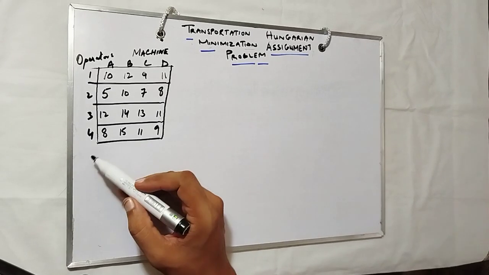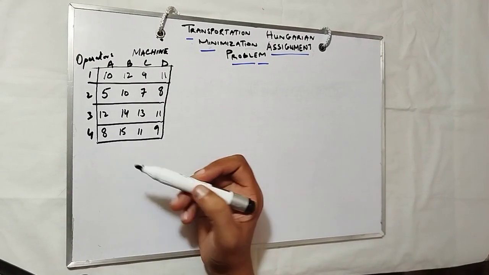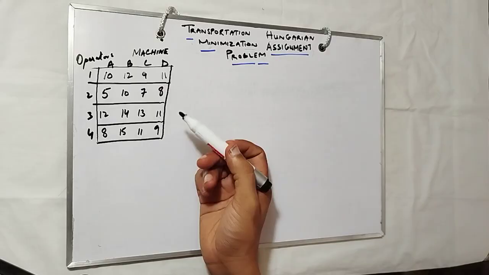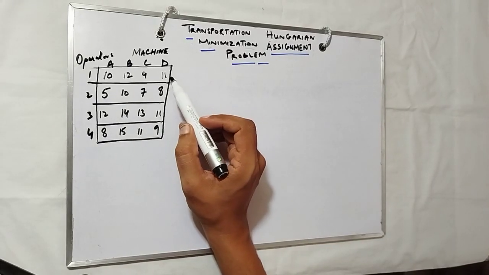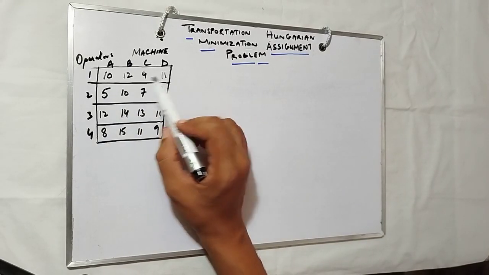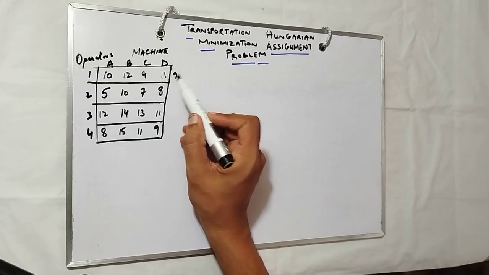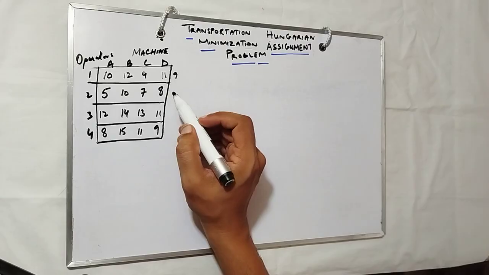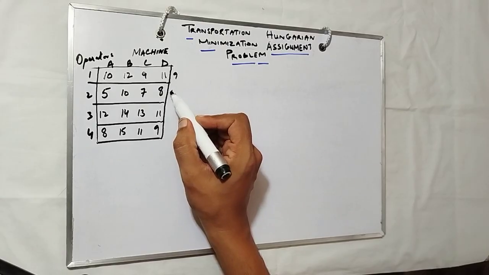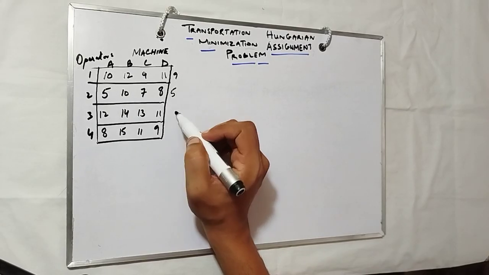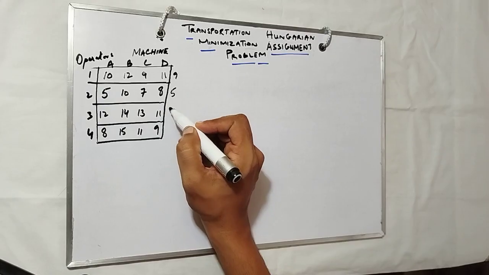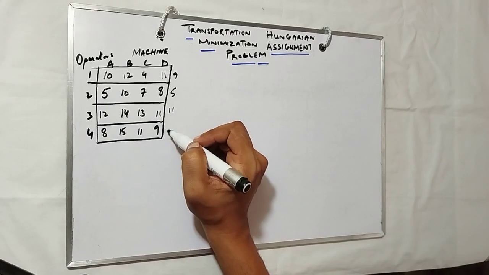So let's solve it. Start with the first step, that is the row minimization. In that you have to find the least value, that is 9. Then in another row it is 5, another row it is 11, another row it is 8.